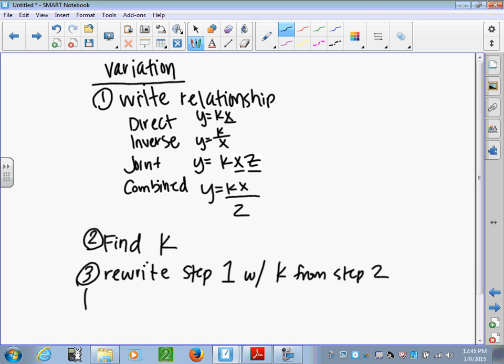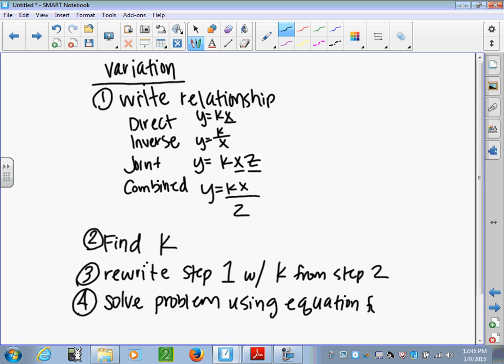And lastly, our last step is to solve the problem, or if it asks us to find anything else, solve that using the equation from step three. Those are our steps for variation problems, and they're pretty much always the same: write the relationship, find k, rewrite the relationship using the k we found, and then solve the problem using that equation.